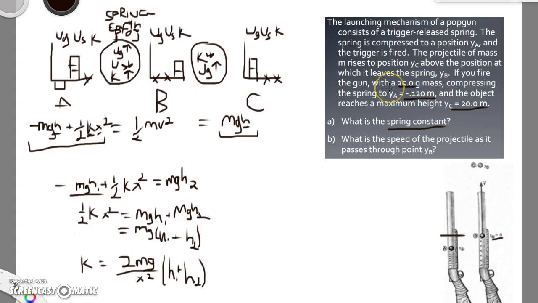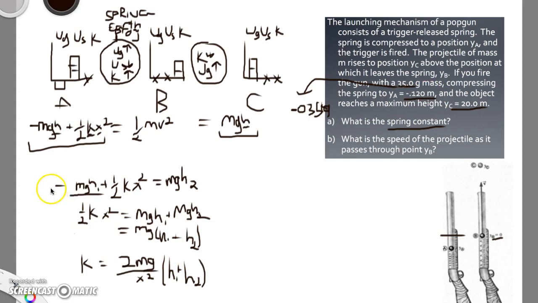However, in order to answer this question, we would need our units in kilograms, and so 35 grams would be 0.035 kilograms. Okay, and then finally, x squared is the same distance. It's compressed right here, the 0.12 meters.